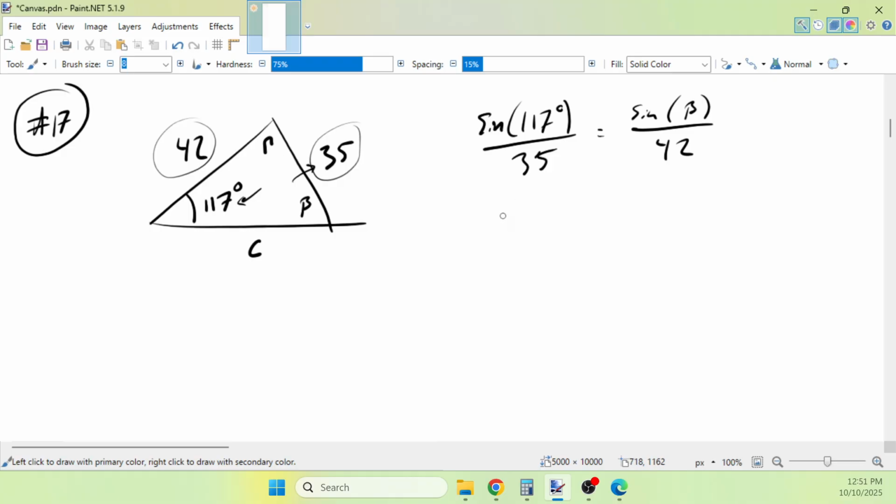So you get sine of beta equals 40 sine of 117 over 35.